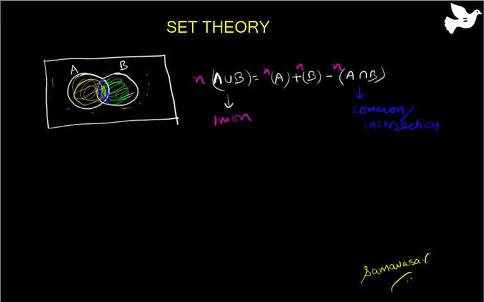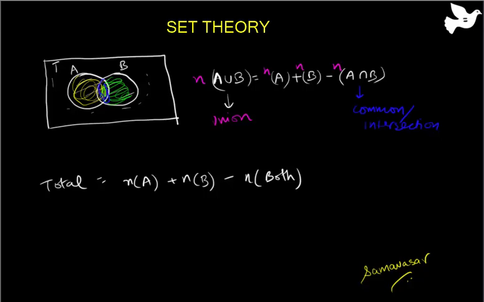Now there is another formula, again very similar, which is total. What is the total number of elements? Total number of elements basically means the number of elements in this entire rectangle. This is number of elements in A plus number of elements in B minus number of elements in both. As you know, this will give you the number of elements in this entire region that we just discussed.